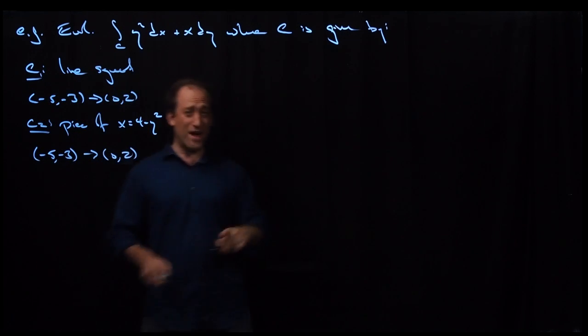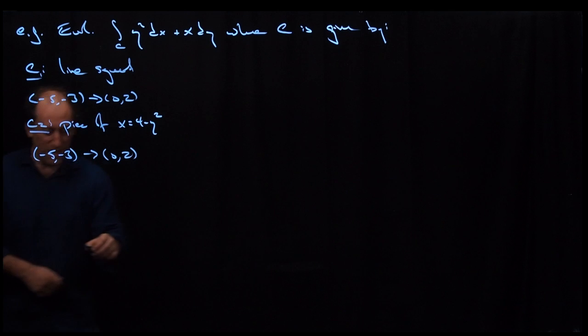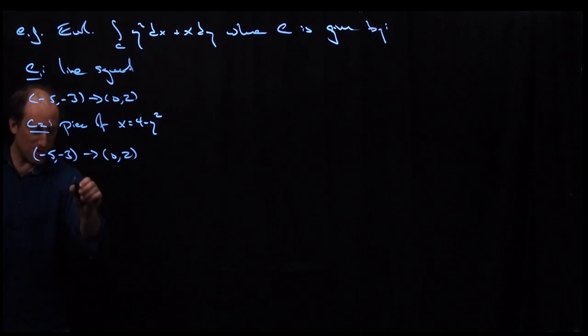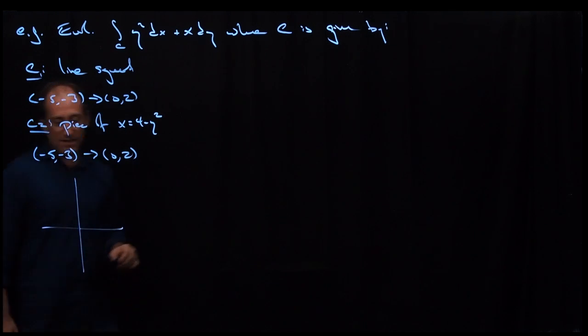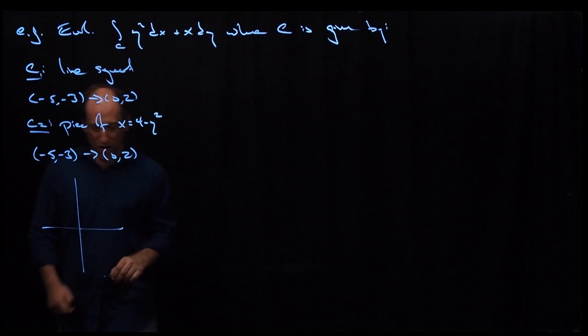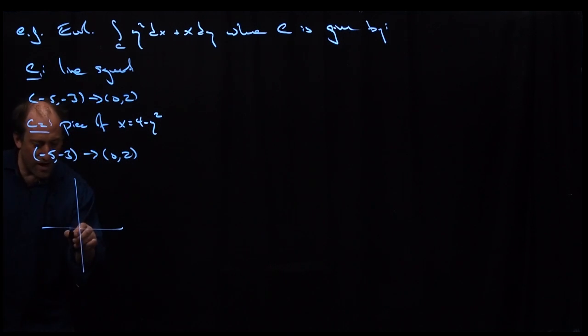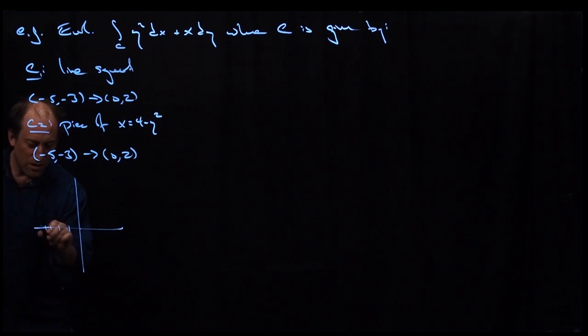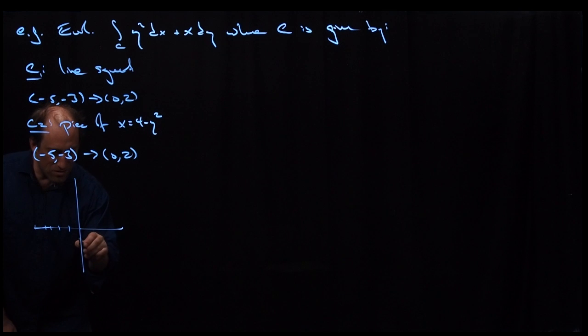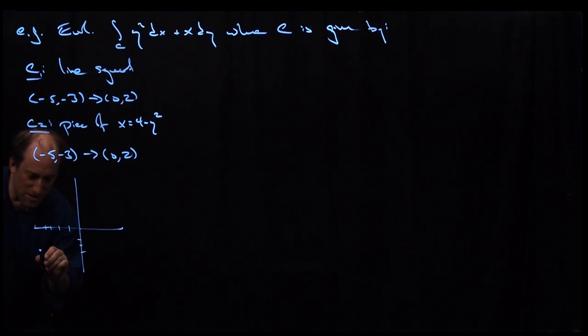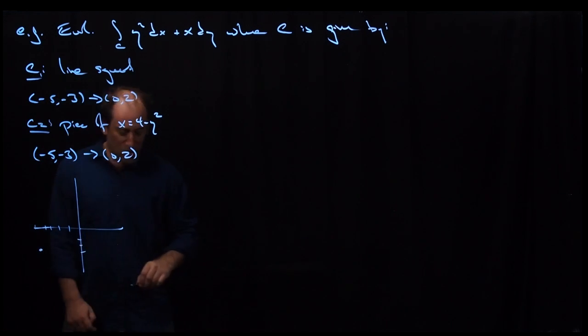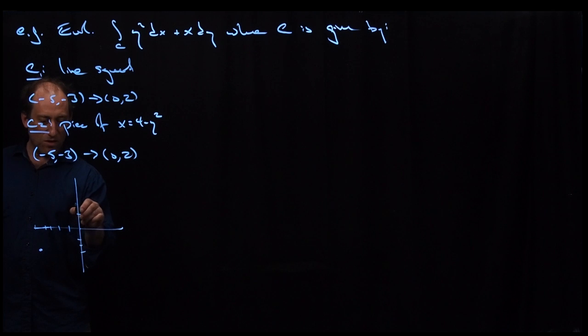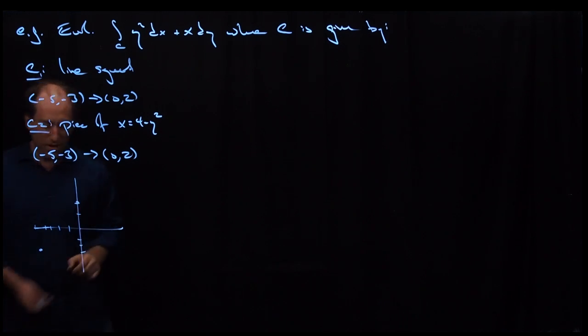All right, so as usual, I think it's a good idea to begin with some sense of what's going on. So minus 5, 1, 2, 3, 4, 5, and minus 3, 1, 2, 3 is somewhere around there. Whereas the point (0, 2) is about there.